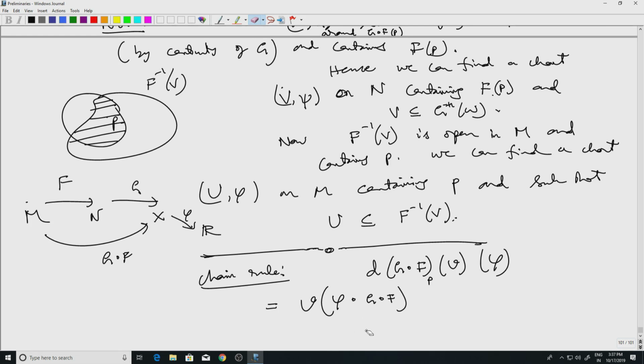The right hand side in the chain rule would be dg at f of p acting on df at p acting on v, whole thing acting on this function phi. So this is RHS.